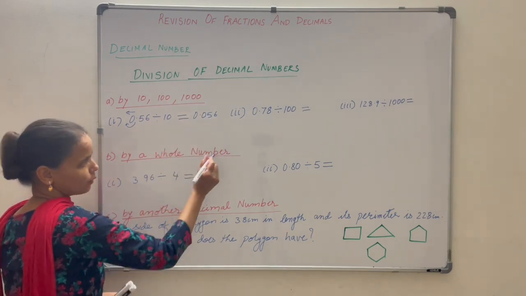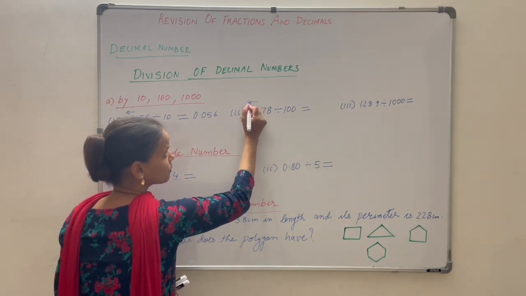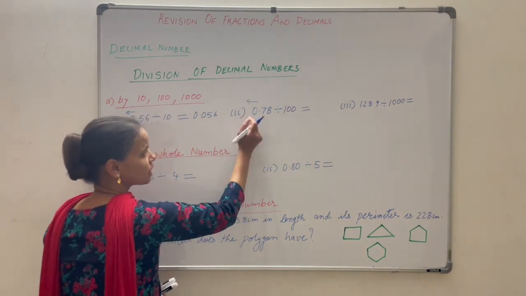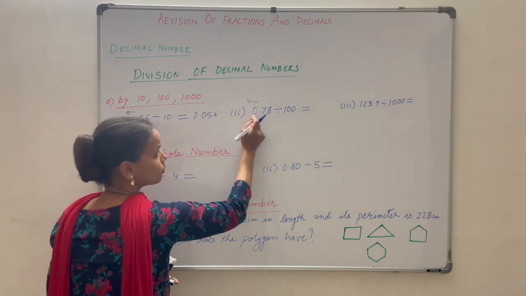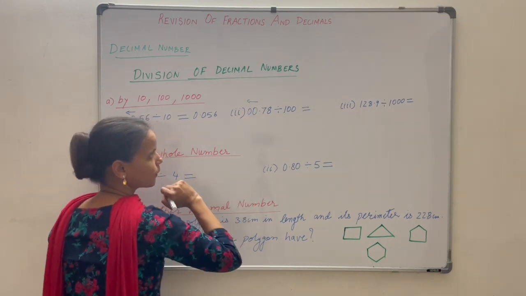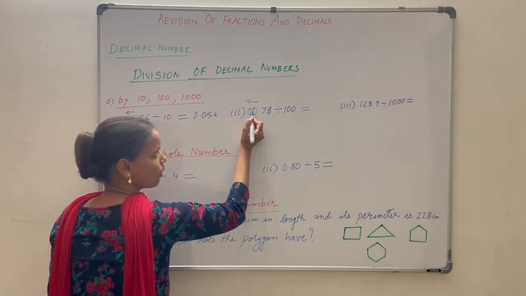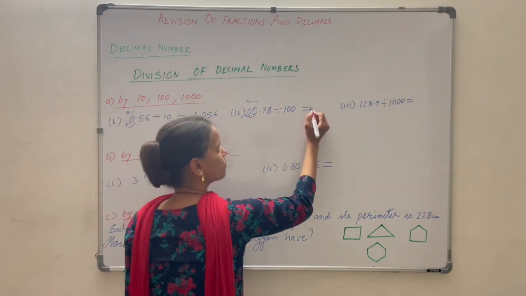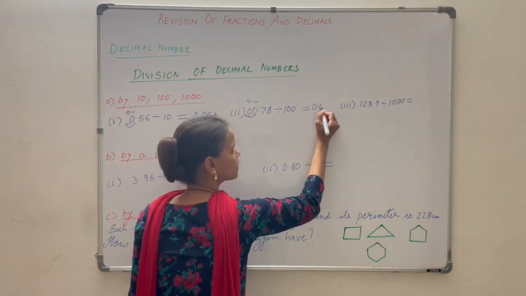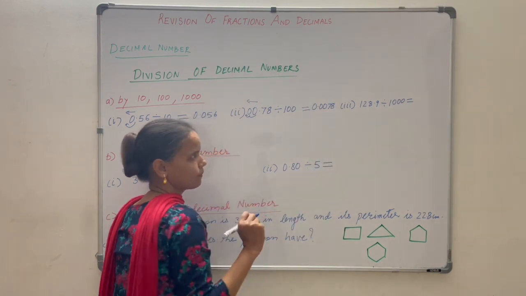Now here you are dividing by 100. 2 zeros are there. So decimal point will move 2 digits this side. There is no more numbers here, so you can add as many zeros as you want. Okay. So decimal point will shift 2 digits. 1, 2. So it will come here. So what it will become? 0.0078.